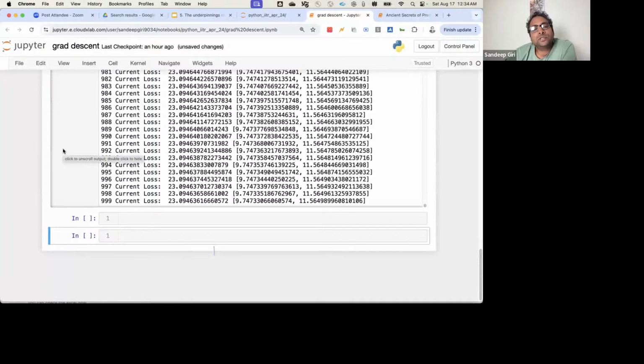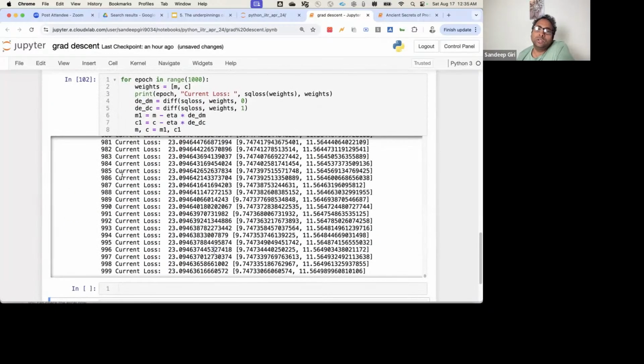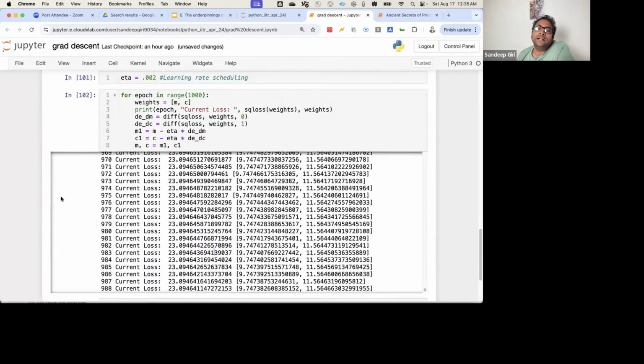The more iterations you go through, after a while your model starts to memorize. Right now we are only printing the loss on the data on which we are training, correct?